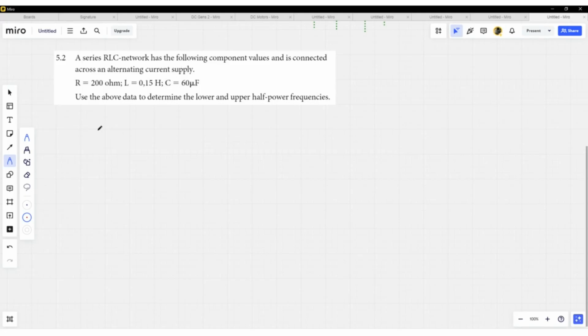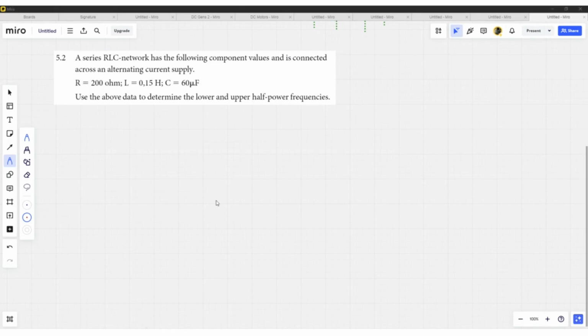Essentially, we need to use the information given to us here to determine the lower and upper half power frequencies. For a start, the bandwidth is one of the things that we can calculate.